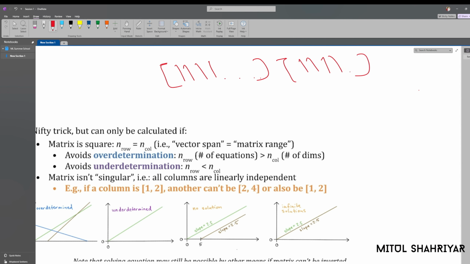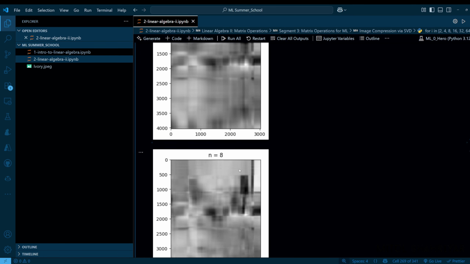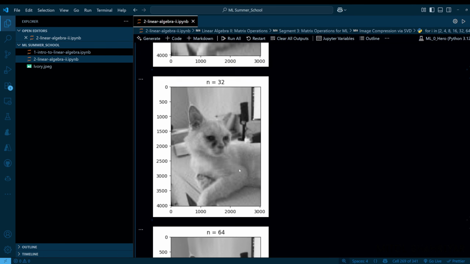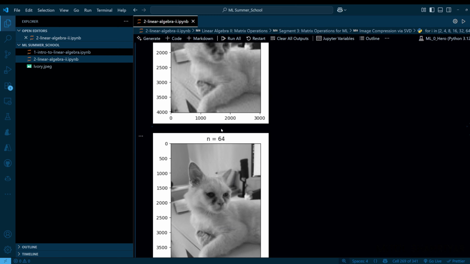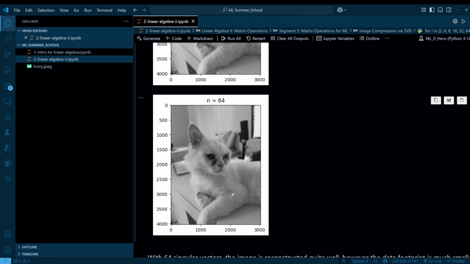If we just take 4, we are getting this. And if we increase it much more, you can see when we have 64 singular vectors, you will generate almost the same image we had.